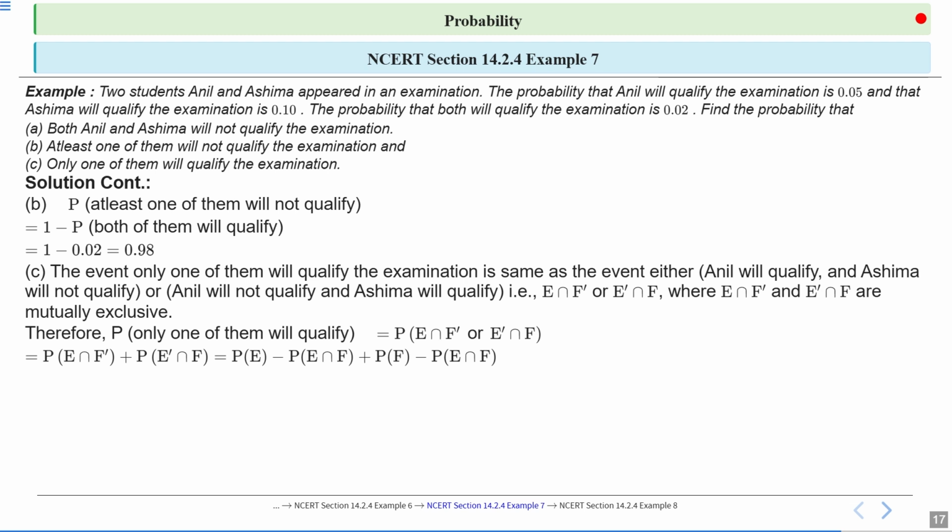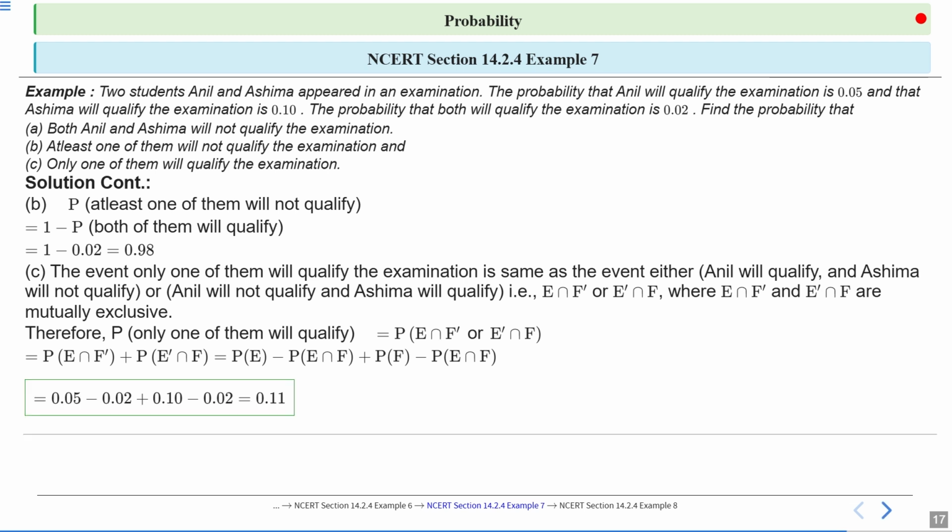So we use this and obtain the expression: probability of E minus probability of E intersection F, plus probability of F minus probability of E intersection F. Now simply substitute the values and you will obtain the probability that only one of them will qualify, and this is equal to 0.11.